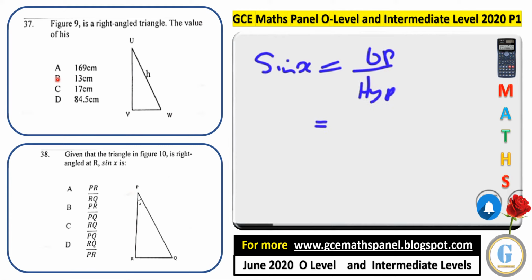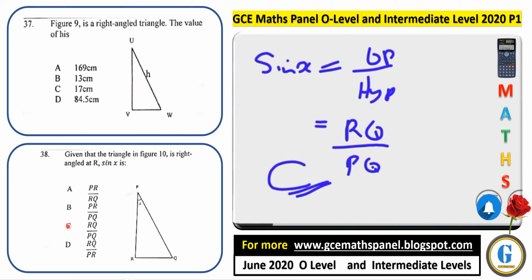Here, the opposite side to that angle x is RQ, divided by the hypotenuse, which is PQ. So sine x is RQ on PQ. So the key here is C for question number 38.